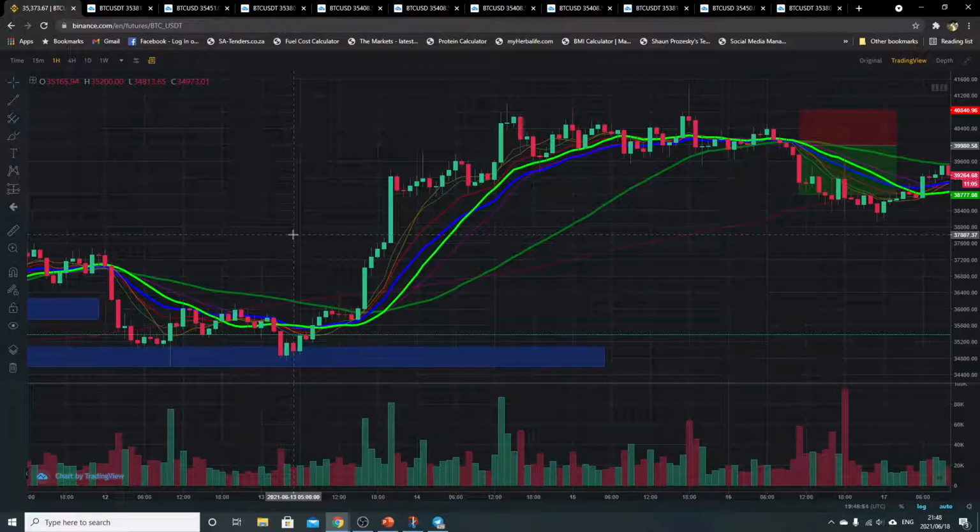The gap gets smaller and smaller, and then price either breaks down or breaks to the upside. This is exactly the same, but I don't call it the death cross or the golden cross.